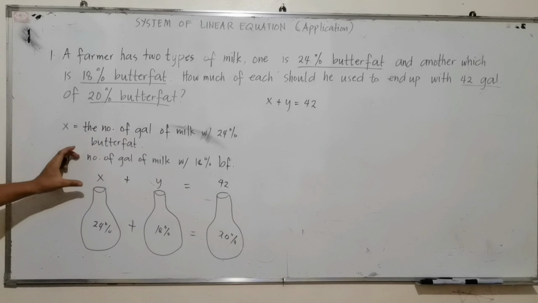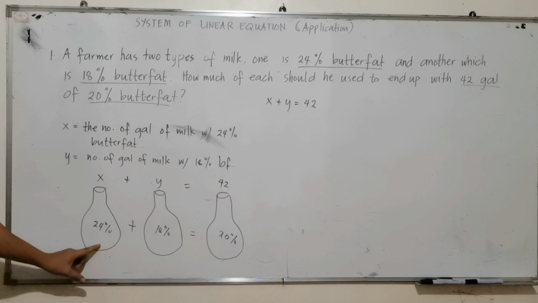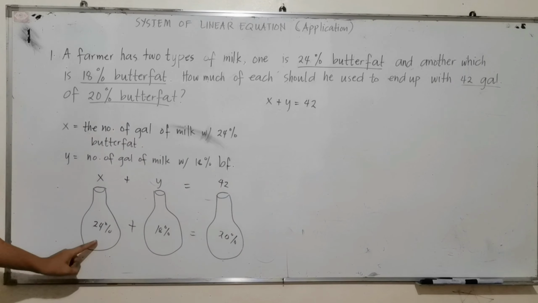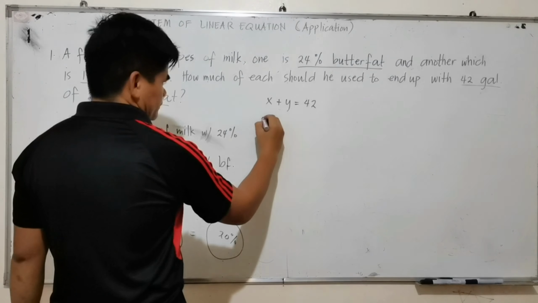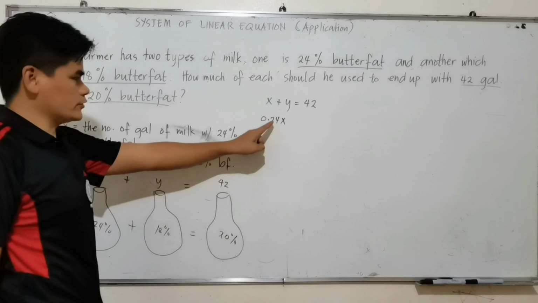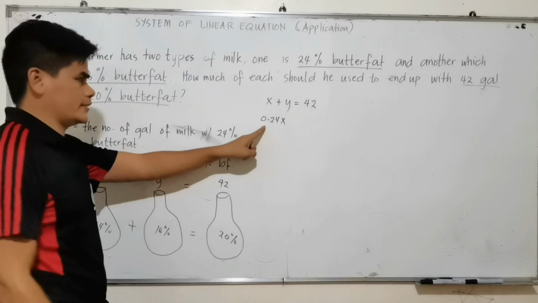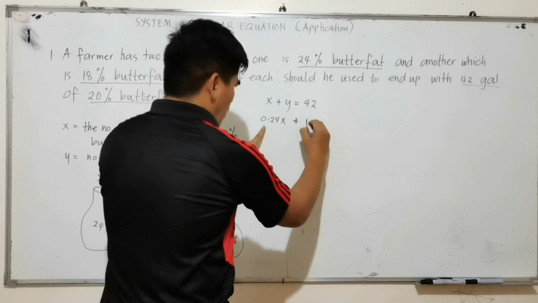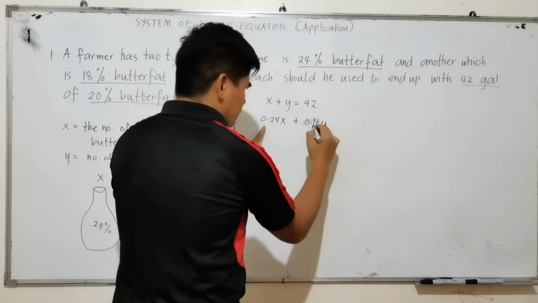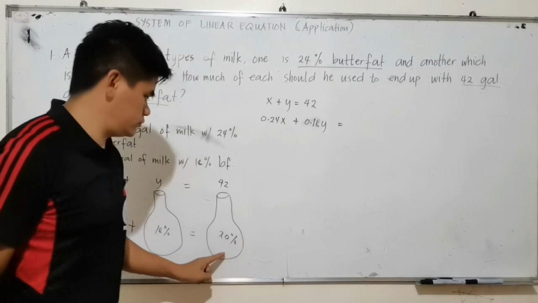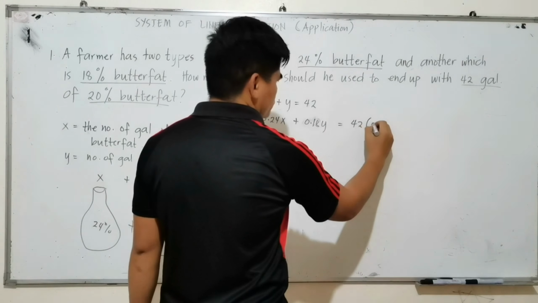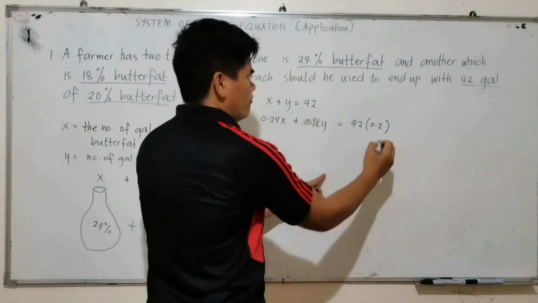Next, we are going to multiply X by 24% butter fat. So we'll have 0.24x, that is X gallons of 24% butter fat, plus 0.18y, Y gallons of 18% butter fat, is equal to this one, that is 42 gallons of 20% butter fat.